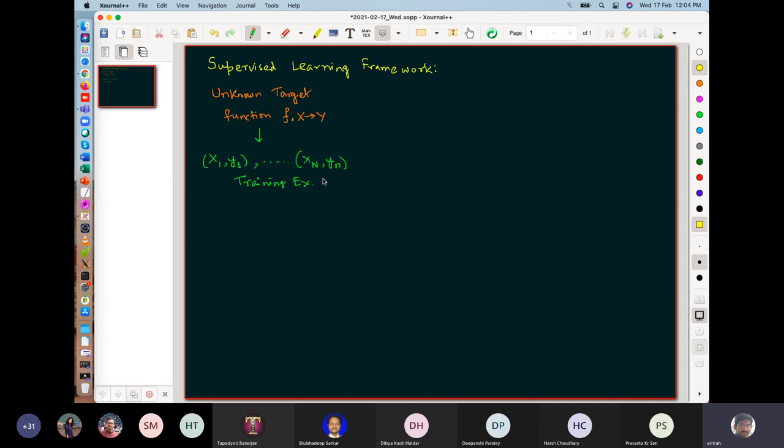Then, depending on these training examples, we went for a learning algorithm, which takes as input not only the training examples, but also a set of hypotheses. And finally, when we come up with this learning algorithm, we get a classifier.